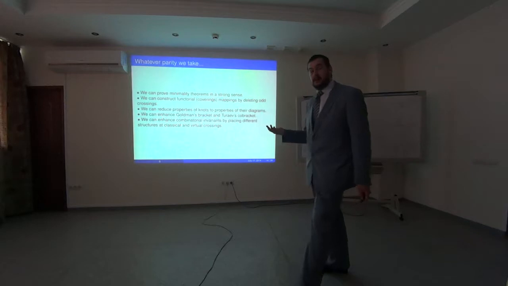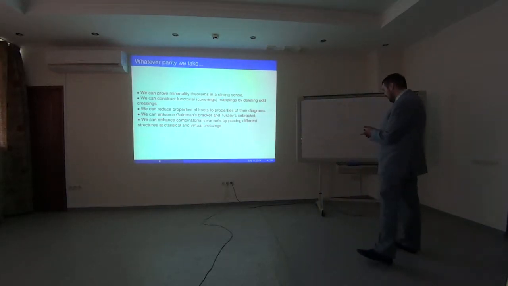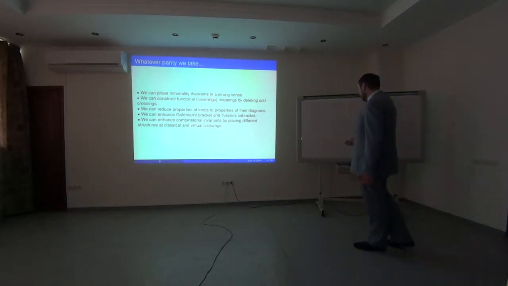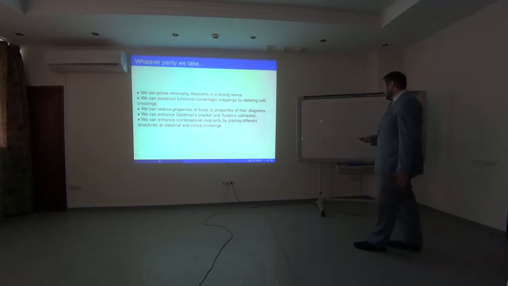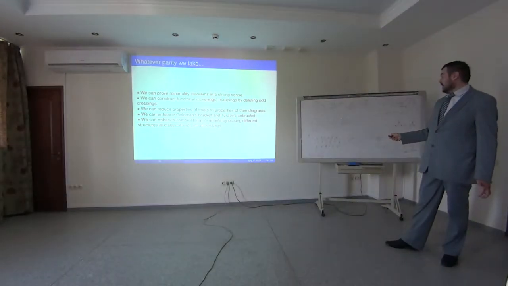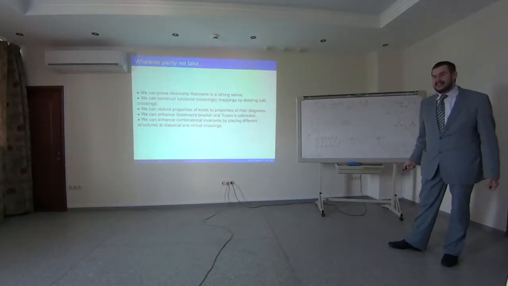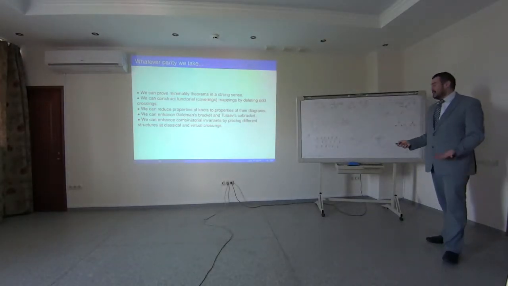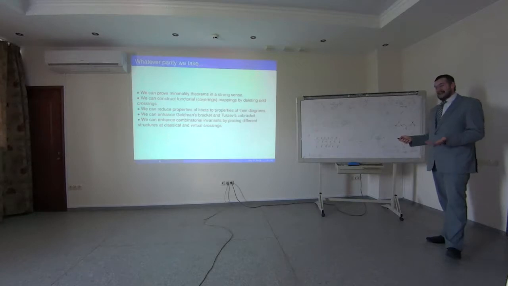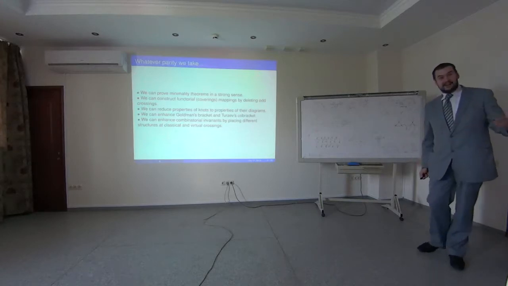And this map is functorial in the sense that if we apply a Reidemeister move to that, then we get some Reidemeister moves, or maybe identical moves here, and this actually means that we get some functoriality. This is a functorial mapping.